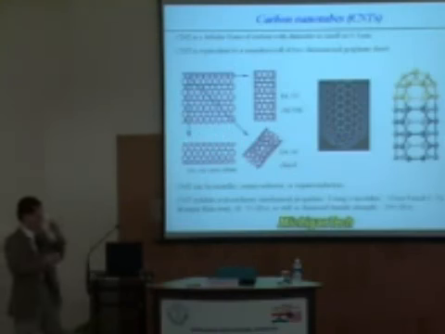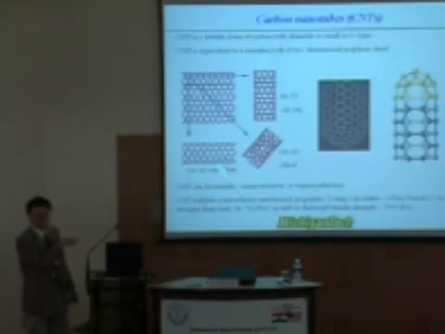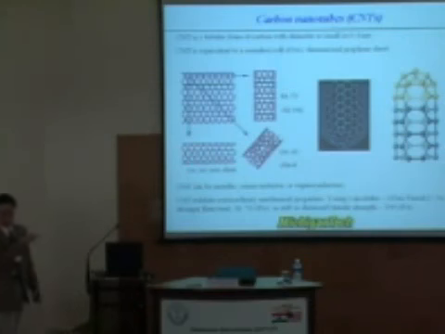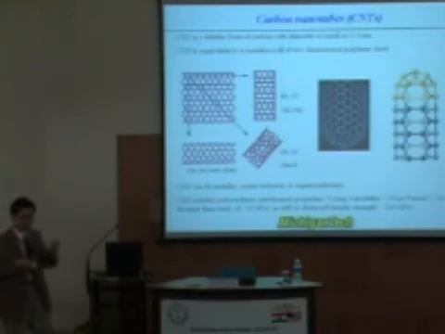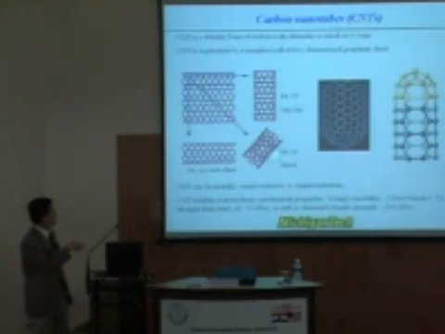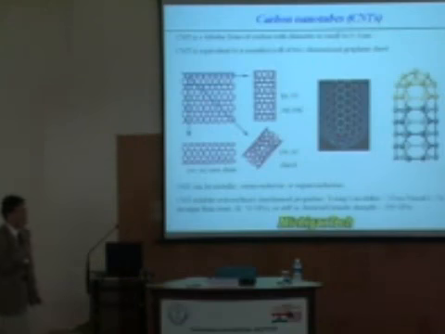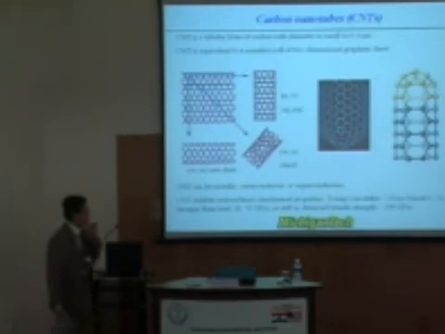Some of you already know that these armchair nanotubes will always be metallic. They will conduct electrons just like a piece of graphite. If you fold them in another direction, you form the so-called chiral nanotubes that can be semiconducting or metallic as well.